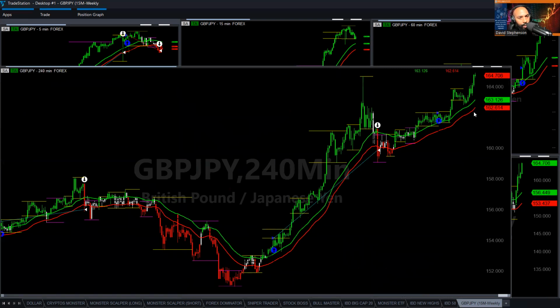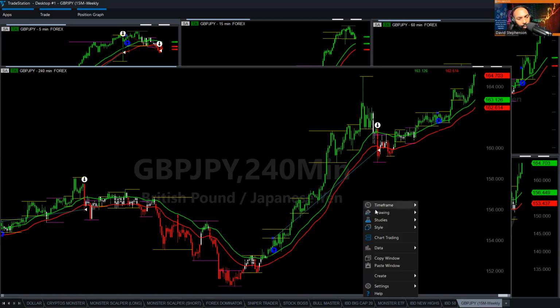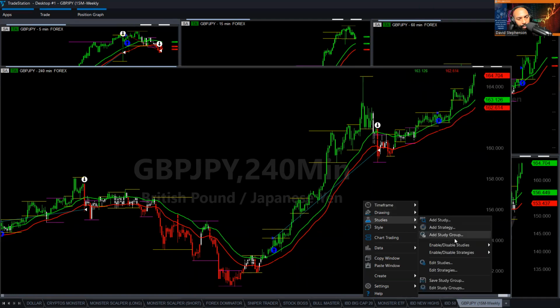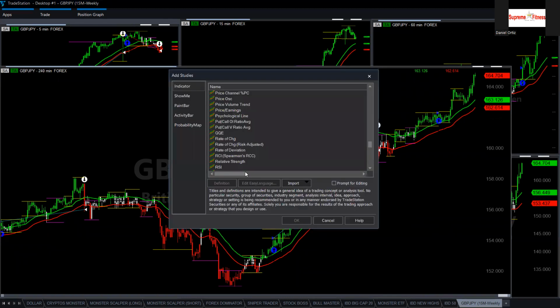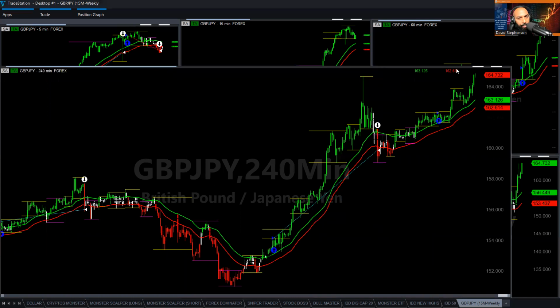All right. So are we overbought here? Are we overbought on the 240 on GBP JPY? Or anyone, are we overbought? No, because we see some sellers, we see some consolidation candles. So I would say no. Right here, are we overbought?